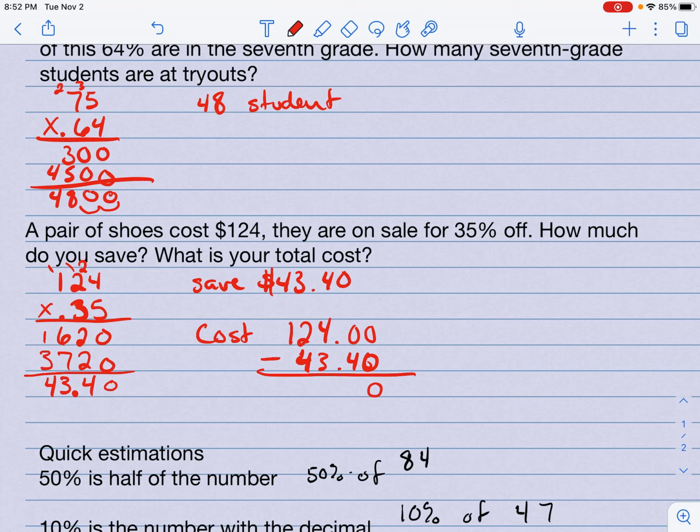So this becomes 3, this becomes 10, that becomes a 6. $12 minus 4, that's going to give us, so you pay $80.60. So now, once again, to go over this, we find what we save, that's just going to be the 35% of 124. But if we don't pay that, we just subtract that from the total cost of the shoe, and that's what we're going to pay.